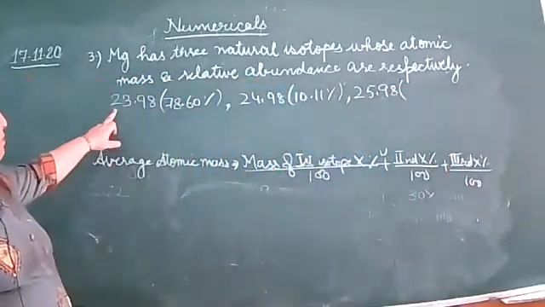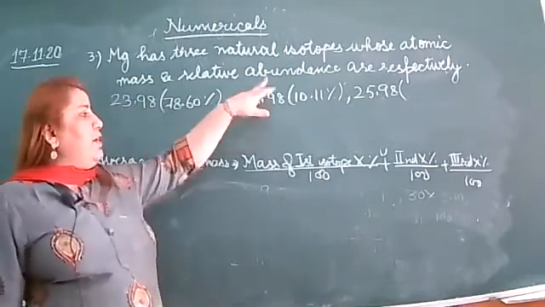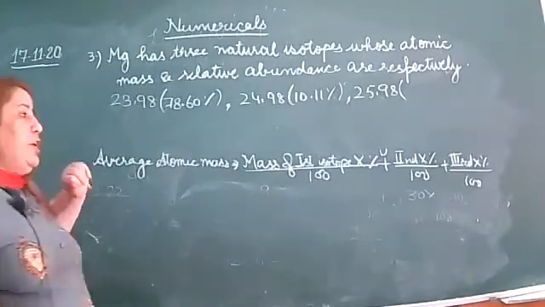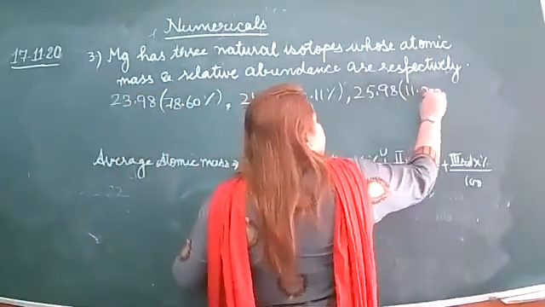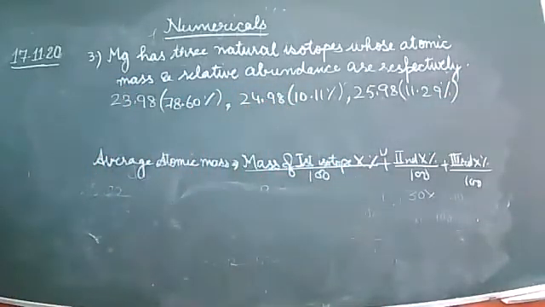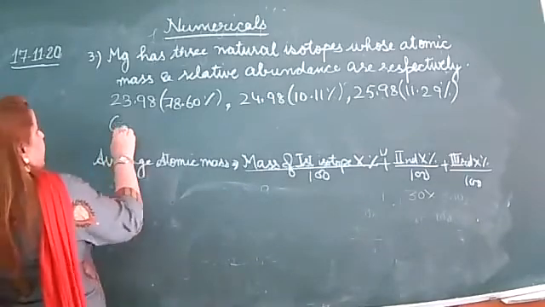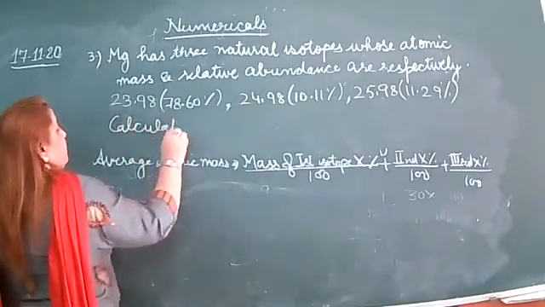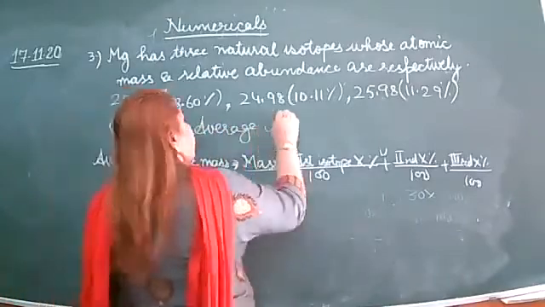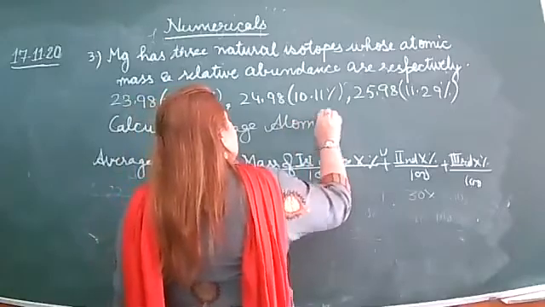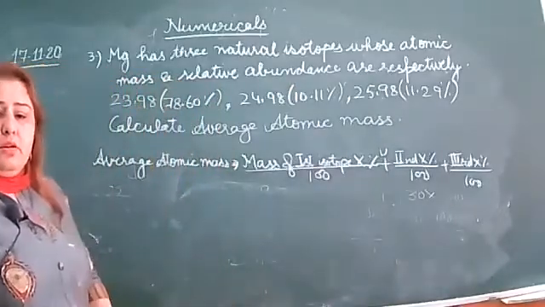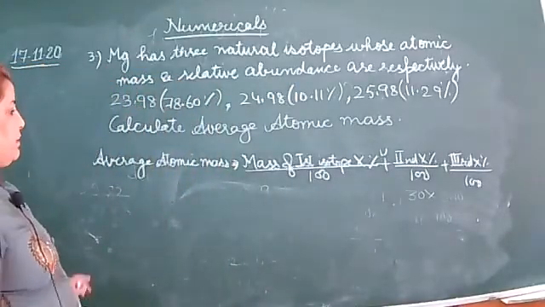You can see the mass numbers 23.98, 24.98, 25.98, and the percentage is 11.29. Calculate the average atomic mass.